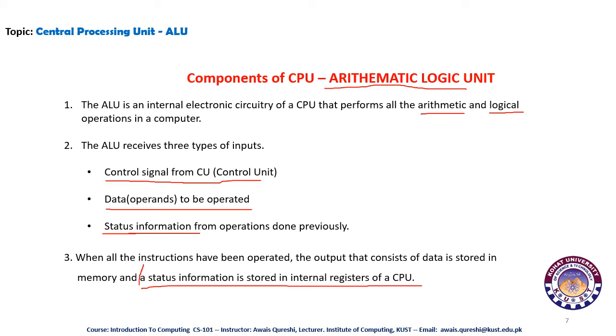Why does the CPU store this status information in its internal registers? With the help of this information, the CPU knows which instruction is completed or not completed, or is in a queue waiting for its time to process, and so on. So this is why status information is required at this stage.